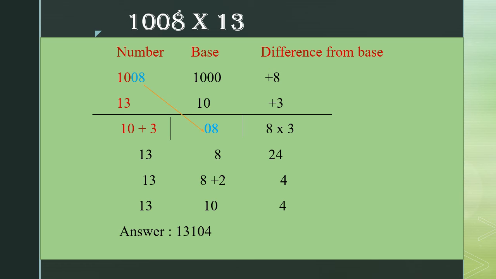For the bigger number, we have the base 1000 which has 3 zeros. For the smaller number, we have the base 10 which has 1 zero. Then we subtract 1 from 3, which is 2. So this part should have 2 digits.